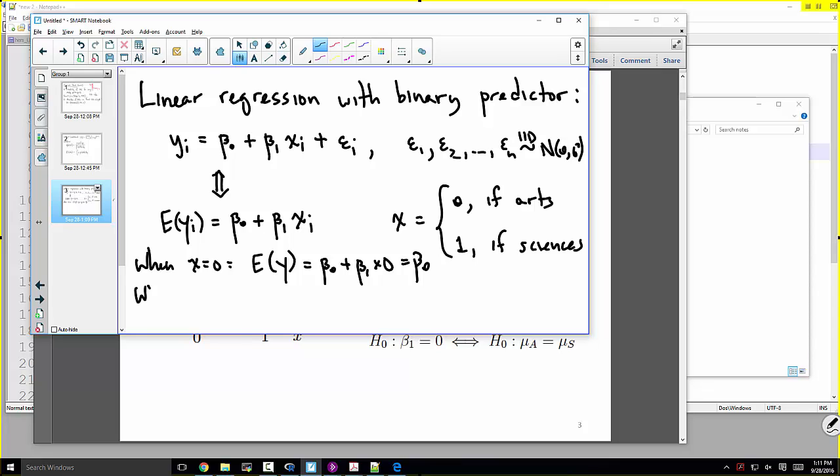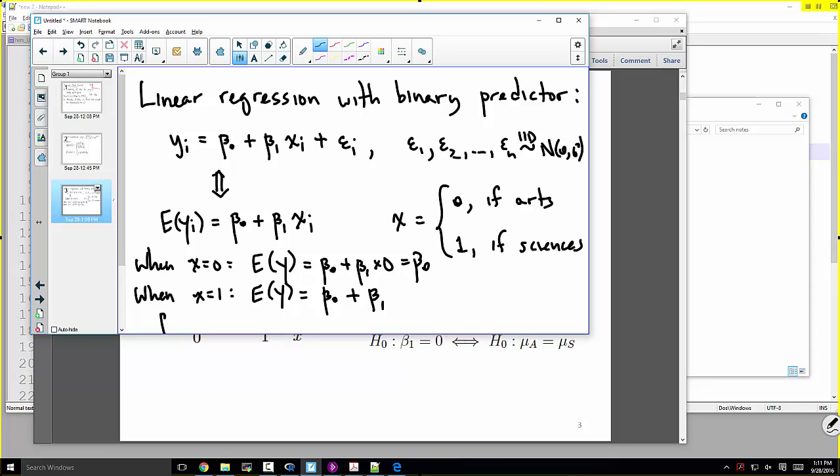When x is 1, we have that the mean of y is beta 0 plus beta 1. And that means that beta 1 itself is the difference between those two.